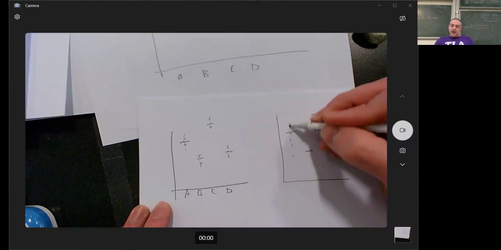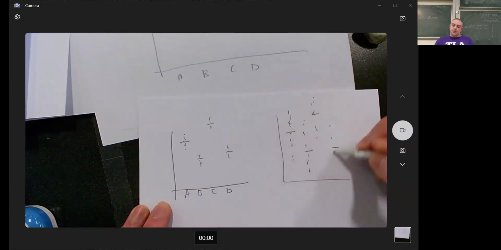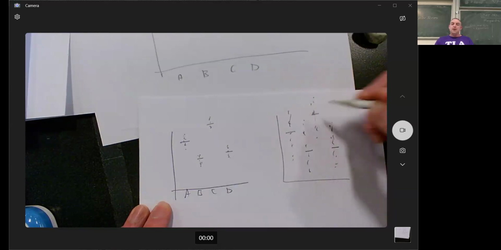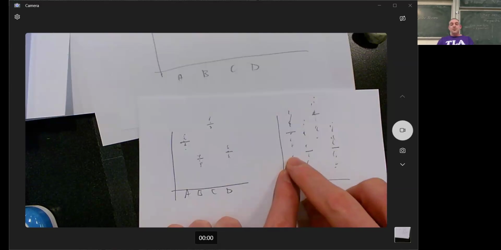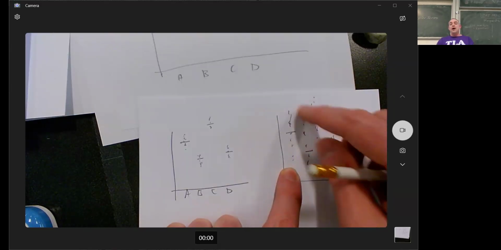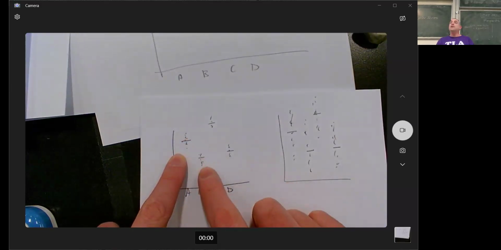But if they were spread out like this, then you couldn't tell. Because a person in this group could be way lower or higher than a person in this group, whereas all the people in this group are higher than all the people in this group.